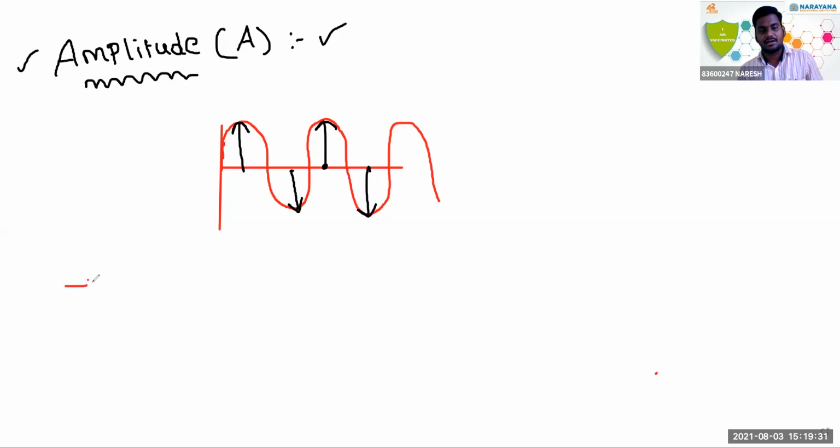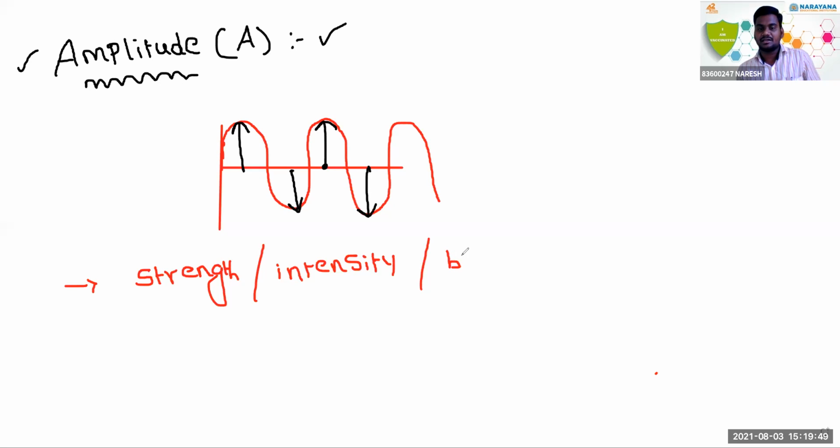So generally, amplitude can determine the strength or intensity or brightness of radiation. Right, all of you?